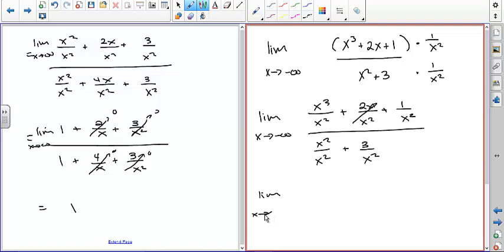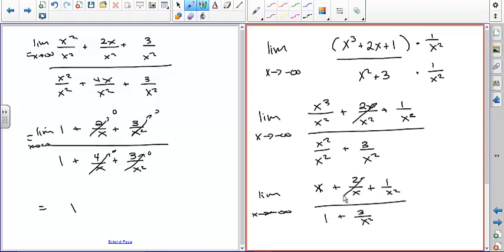So x goes to negative infinity. So you get 1 plus 2 over x plus 1 over x squared divided by, this is actually x. So x cubed divided by x squared is just x. Here x squared divided by x squared is 1 plus 3 over x squared.